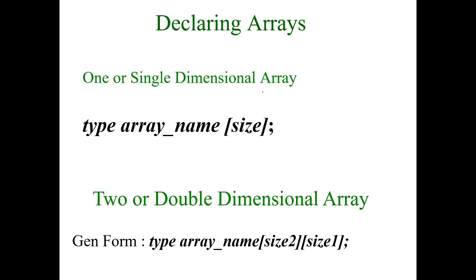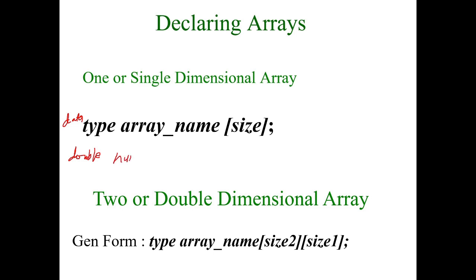Now, how do we declare arrays? In a one or single dimensional array, we have here the data type, for example, int or double. Then how do you name your array? For example, num.